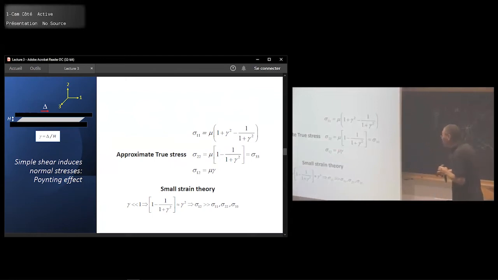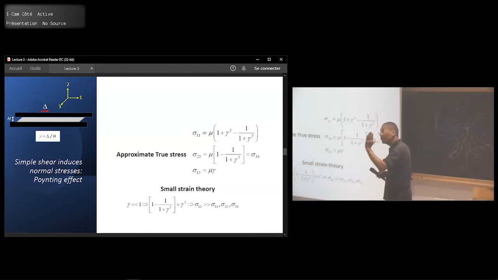So sigma 12 is equal to the small strain shear modulus times the shear strain. Doesn't matter how big or how small it is. Fantastic. But if you look at sigma 2, it is not 0, and it's positive, so that means that there's a normal stress here. Basically, in order to keep the material from shrinking, because you fix the height, you have to apply a tension.